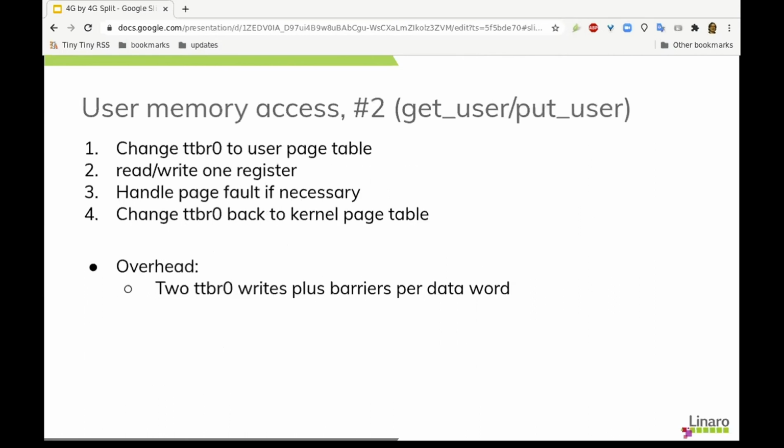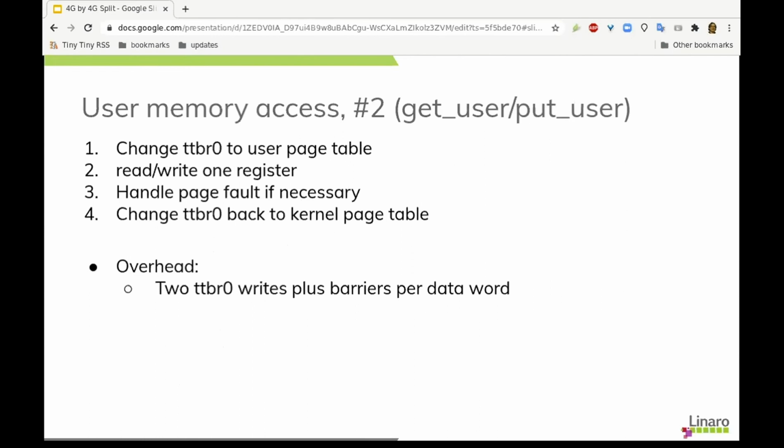The second one: the get_user and put_user functions are optimized versions of copy_from_user and copy_to_user, and they just read or write one register. So what we can do here is, since the code is already in vmalloc space, it won't go away.